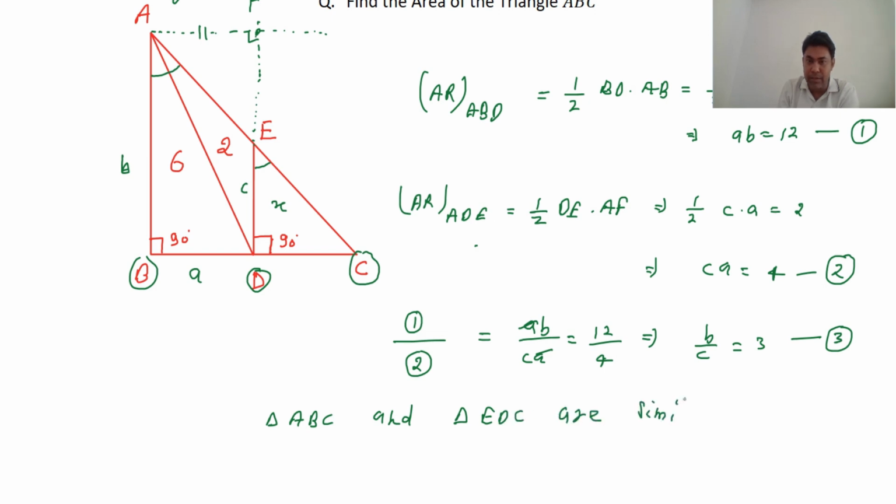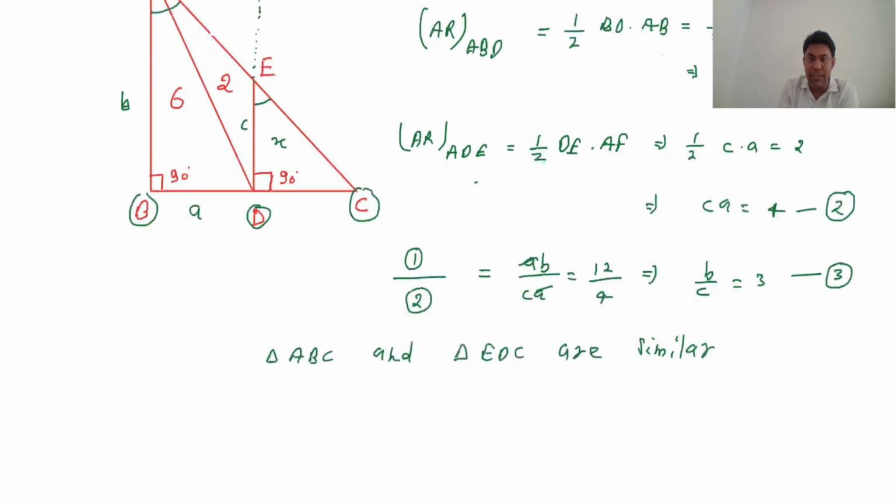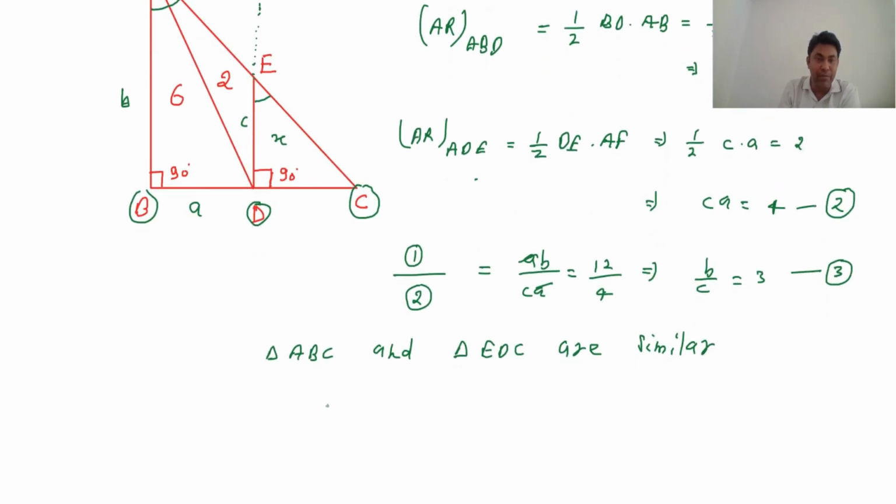So if they are similar triangles, we can use the property that the ratio of their areas, that means the area of triangle ABC divided by the area of triangle EDC, will be equal to the ratio of the squares of their corresponding sides.